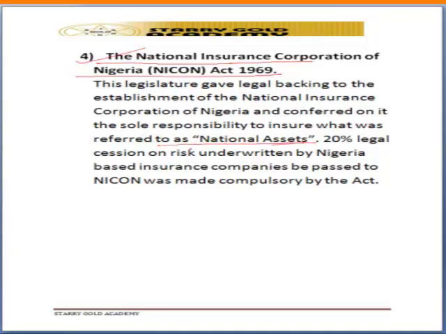Any asset, any risk that is that of the federal or center, state or local government, which are classified as national asset, must be insured by NICON. That is, any other insurance company must not take part in such a risk. NICON has the sole responsibility to insure, to underwrite any risk of the center, that's national assets.